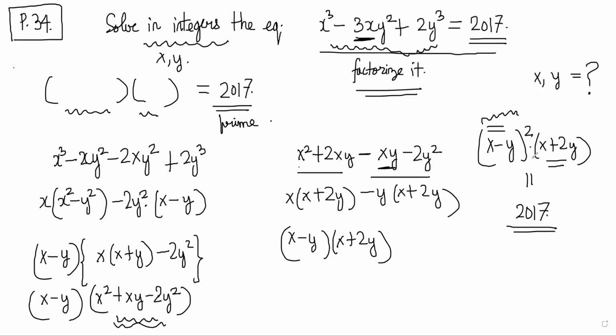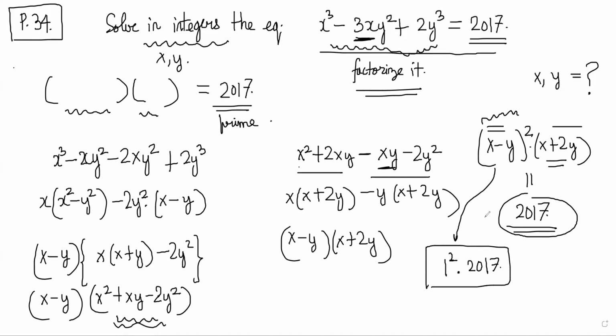Is there any number whose square, multiplied with another integer, will give a prime number? The only thing is 1. No other thing can be taken, no? 1 square into 2017 is the only option for us. Is everyone understanding?